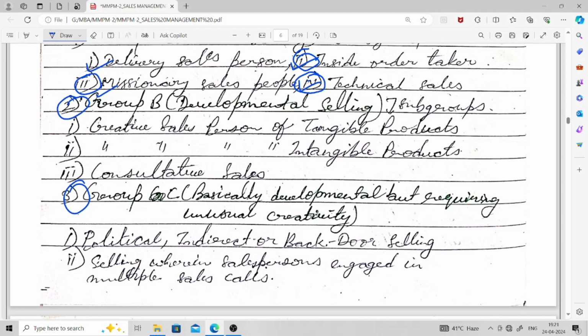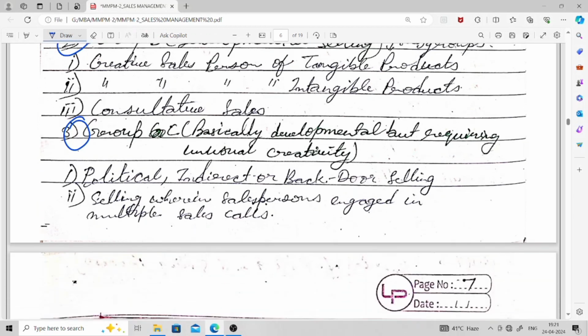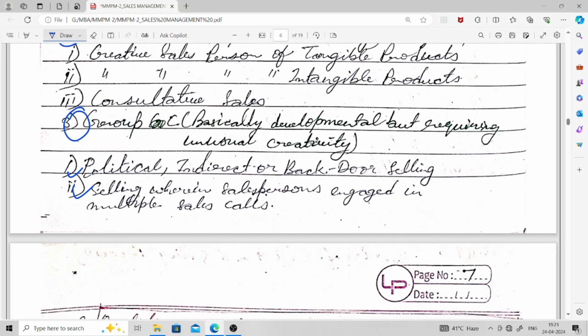And this is political, indirect or backdoor selling, wherein salespersons are engaged in multiple sales calls. So the first one given is political indirect backdoor selling, and the second is multiple selling, meaning the salespeople are engaged in multiple selling.